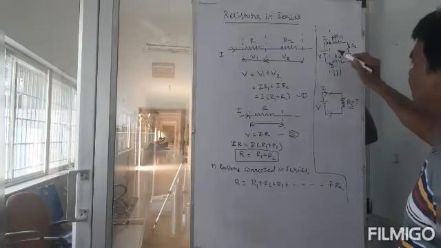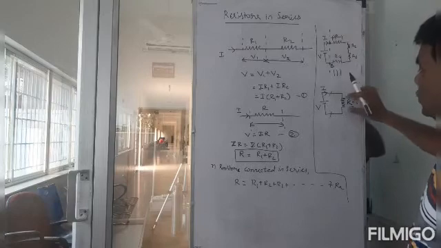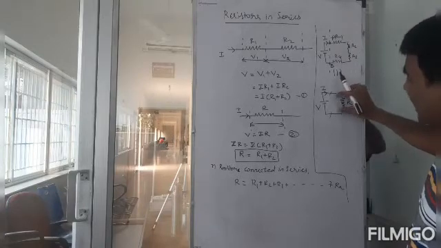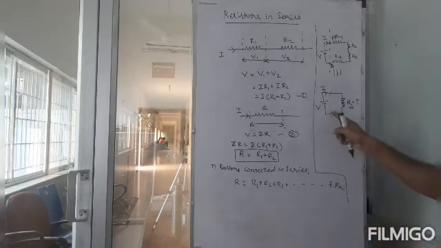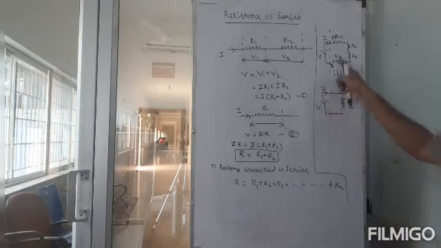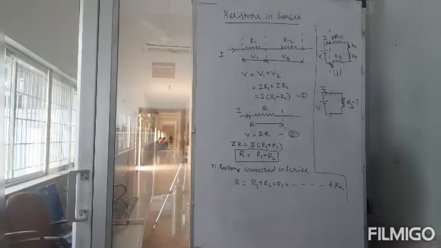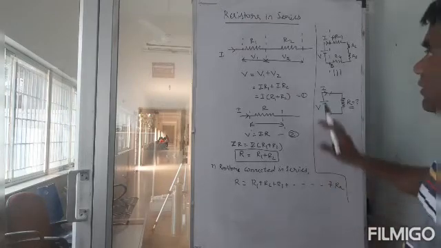Once the points are specified, I am going to replace the entire thing with just one resistor, and I will connect that to a battery. And I should get the same amount of current in either. Okay? So that is effective resistance.